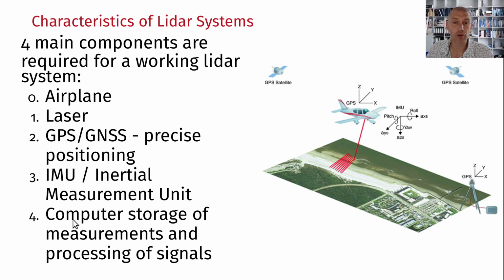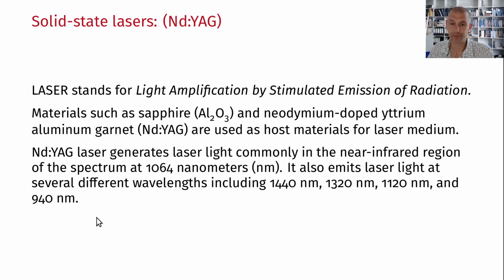And we need a computer storage system that allows us to store the collected points. Think about that if you have a million wavelengths being returned each second, you need a very high throughput system that allows you to store these data sets.